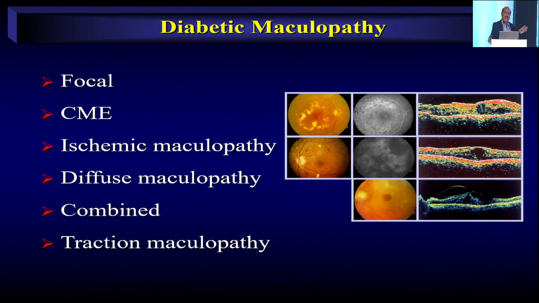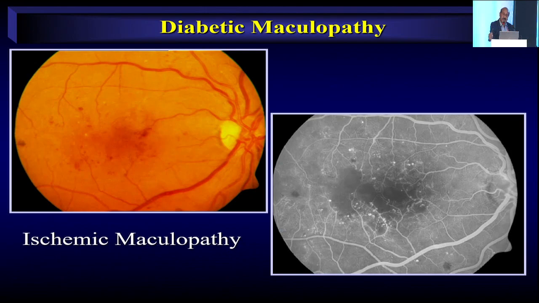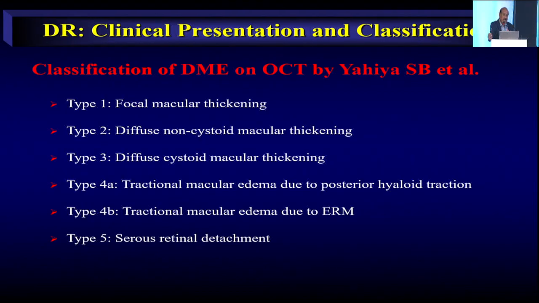And with the advent of OCT and OCTA, we now further classify the diabetic macular edema, which in the management we will highlight why this classification is important. Then ischemic maculopathy should be identified in all the cases, you should not miss it.